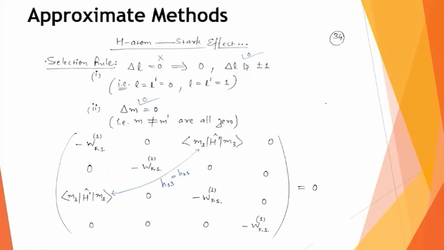But those matrix elements with a different L, but not a large difference, only a difference of 1, either 1 more or 1 less, those matrix elements are not 0. Similarly, for those matrix elements where the change in M value is equal to 0, they are permissible, they are non-zero. Otherwise, whenever there is a change in M, when M is not equal to M dash, they are all 0.